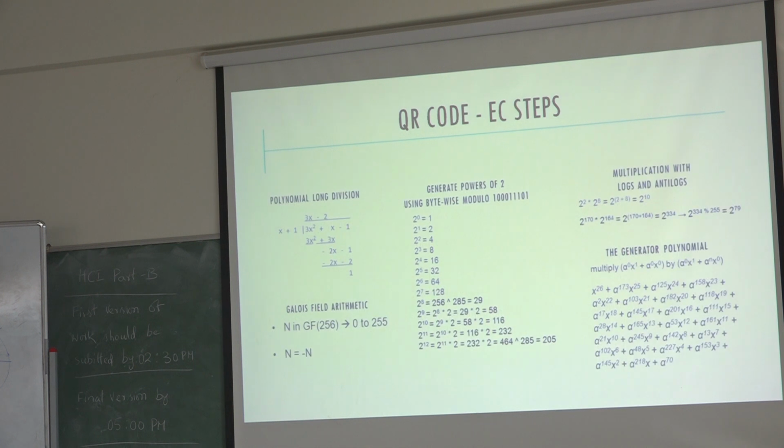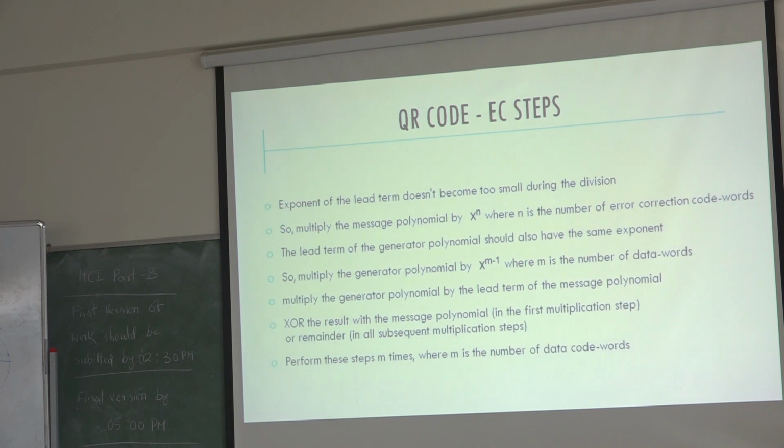The exponent lead term should not become small compared to your generator polynomial. So initially, we multiply the message polynomial with the maximum power of the generator polynomial. That means if your generator polynomial has x power 10 or x power 25, you have to multiply your message polynomial with x power 10 or x power 25.